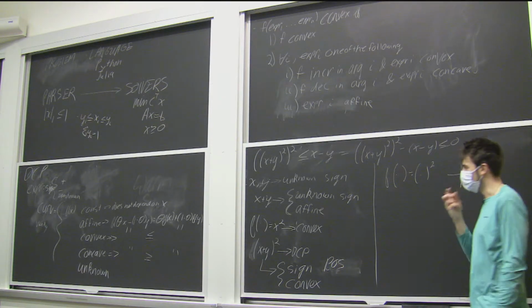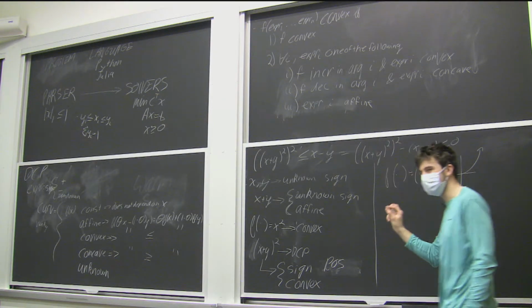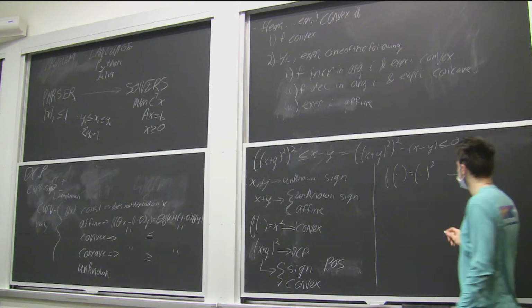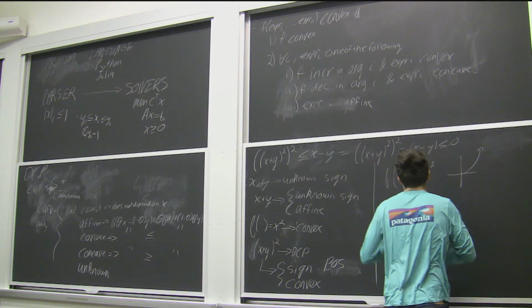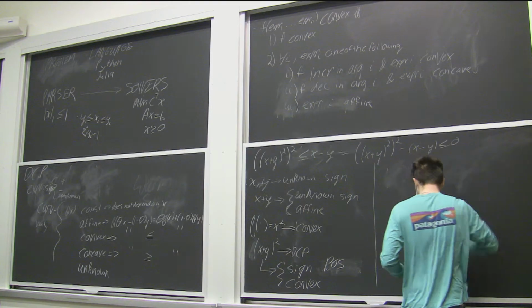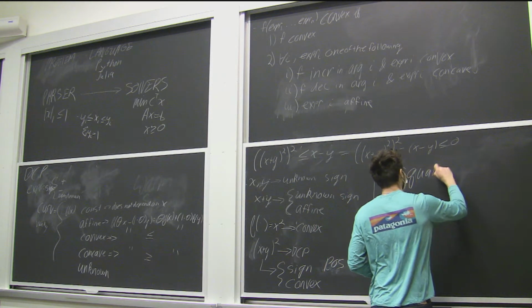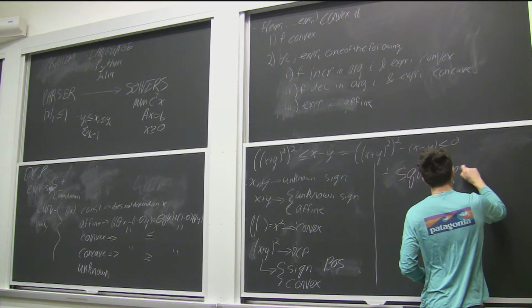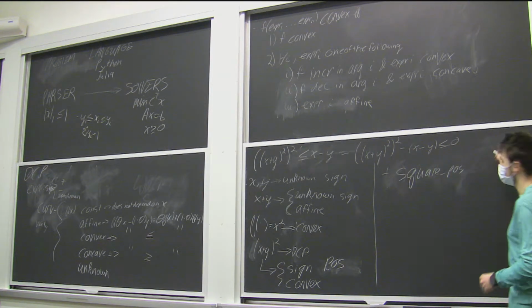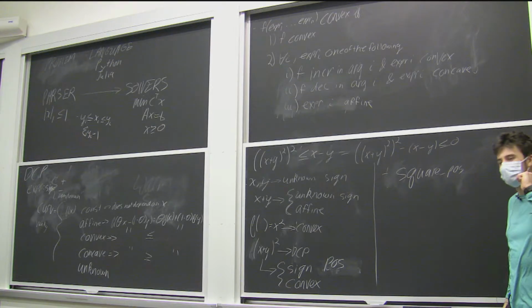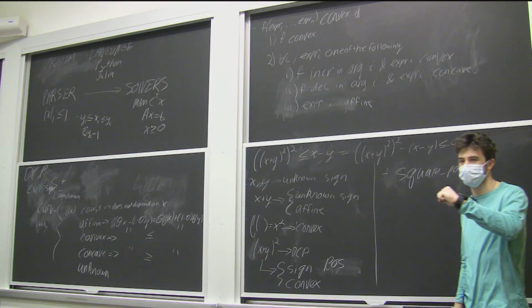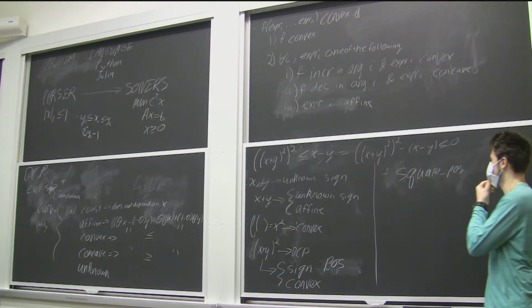So for the sake of DCP, I need to be more specific, actually. So CVXPY has this square_pos function, which actually says, okay, I want the square of something that's positive. And that is actually going to be DCP.